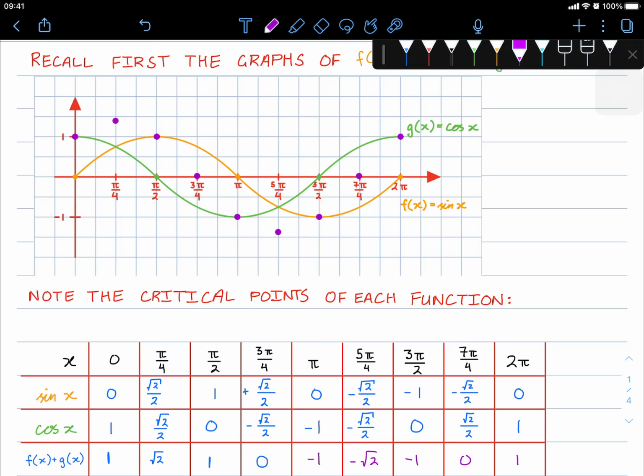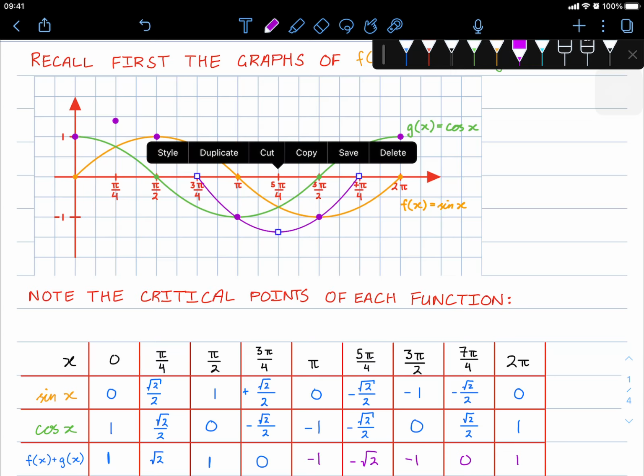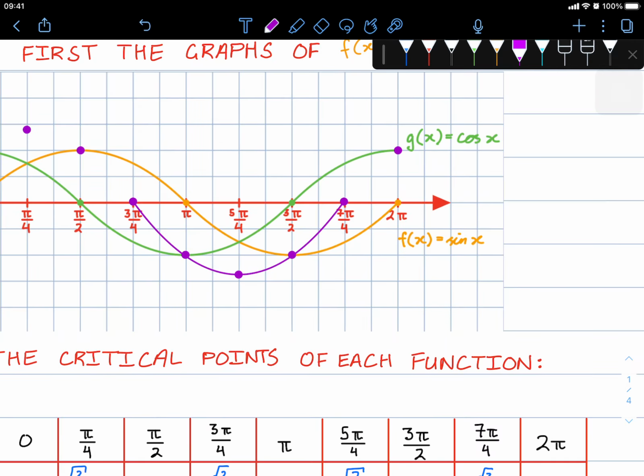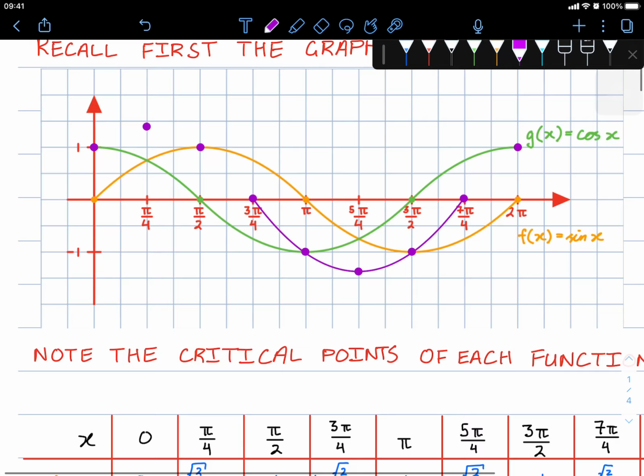Joining all those dots. Joining our points should look something like so.